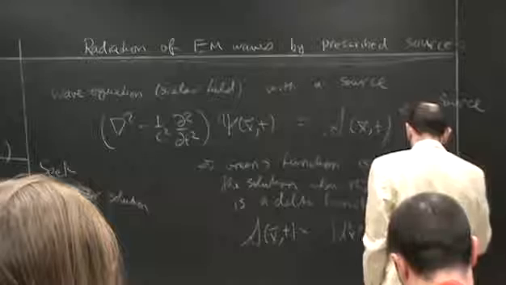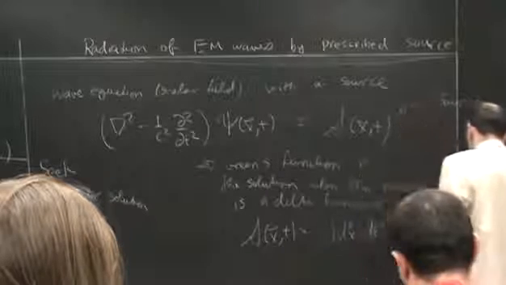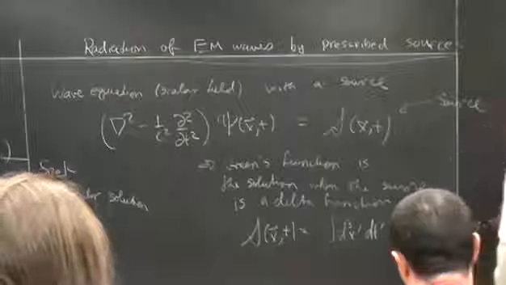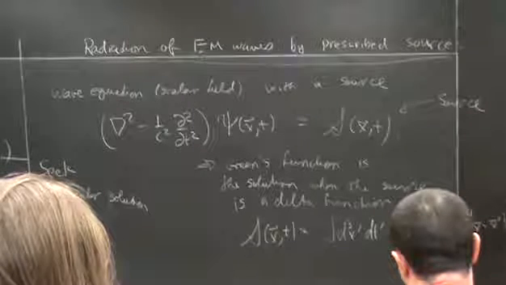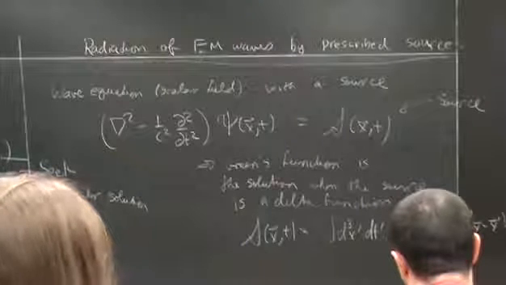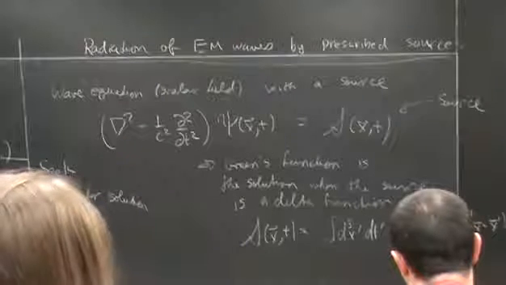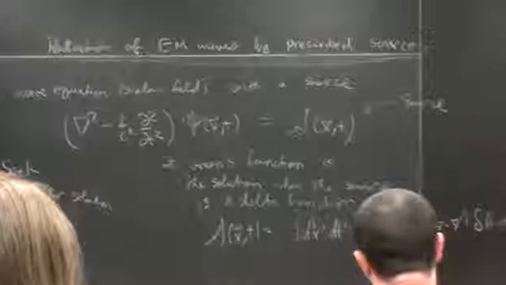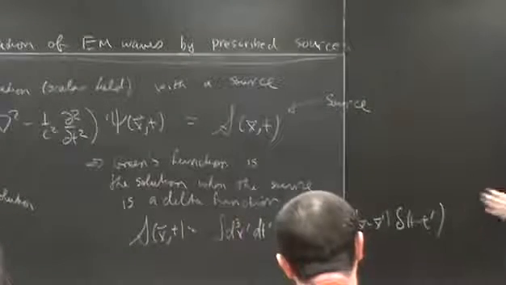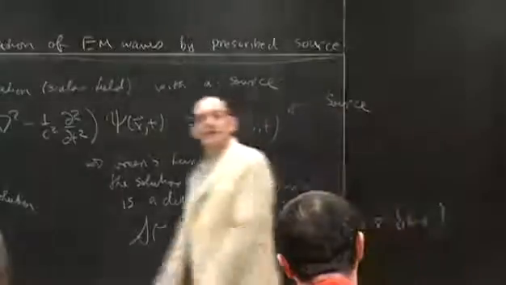It is a delta function in space and time. So at time t prime and at position x prime, the source goes boop, and then a wave is emitted.